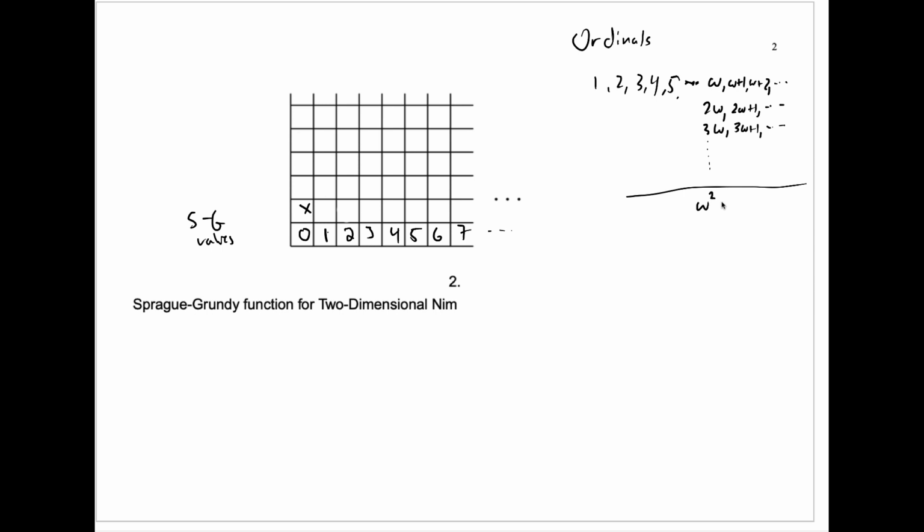And then, of course, you would have omega squared plus 1, omega squared plus 2, etc.